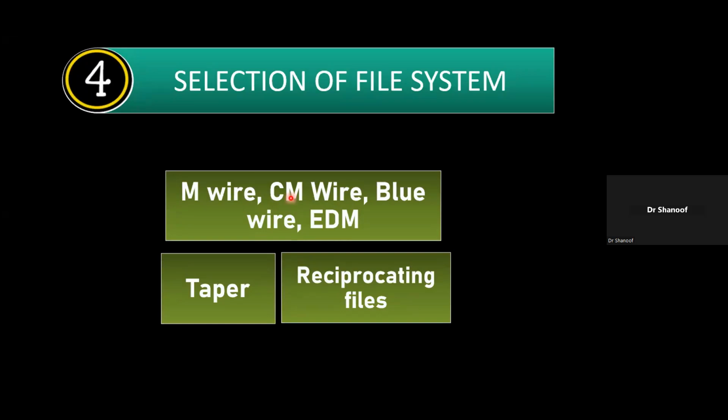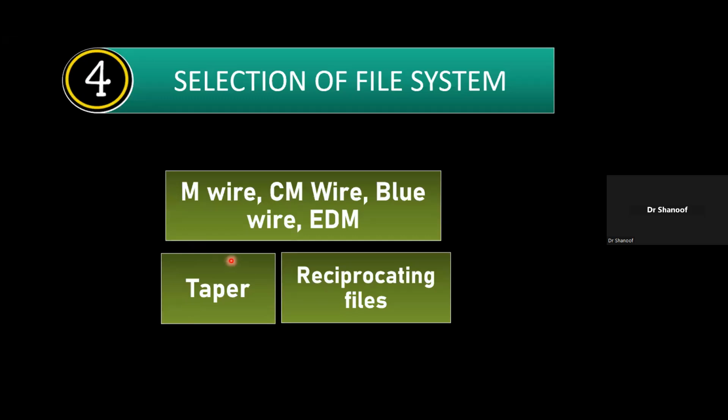Files made up of M-wire technology, CM-wire technology, blue-wire technology, EDM files, these are all more flexible and more reliable when negotiating through curved canals. In such canals, files with lesser taper should always be used. Like in curved canals, you should always use lesser taper files.